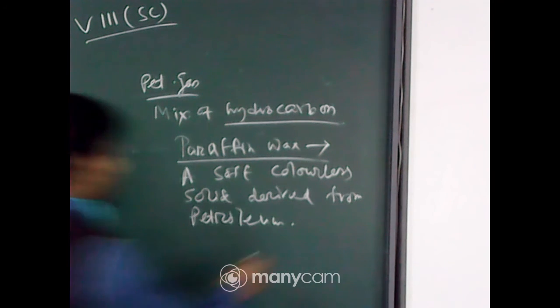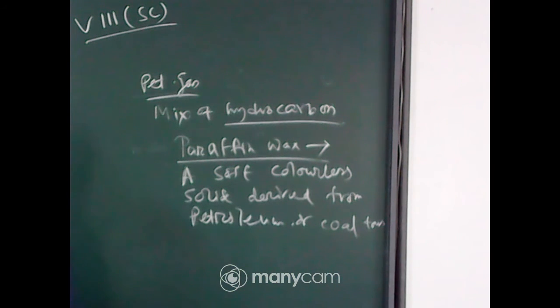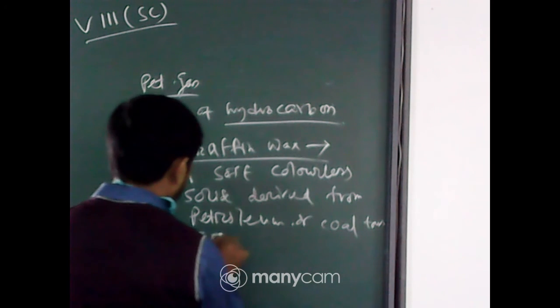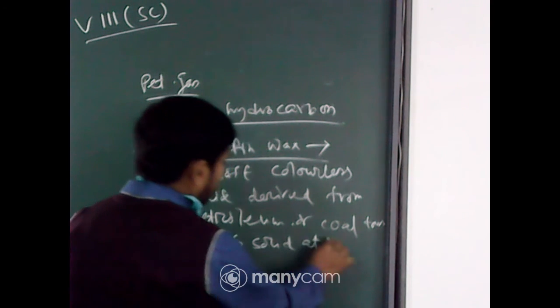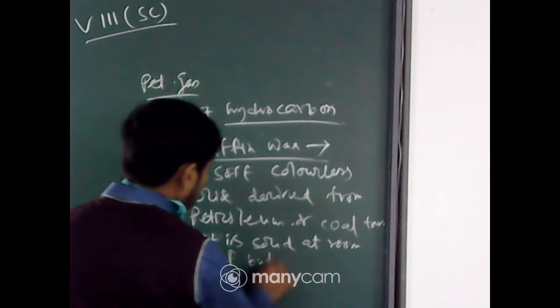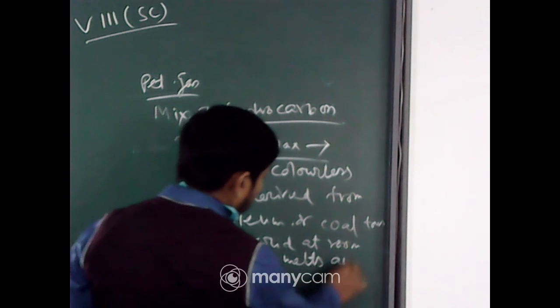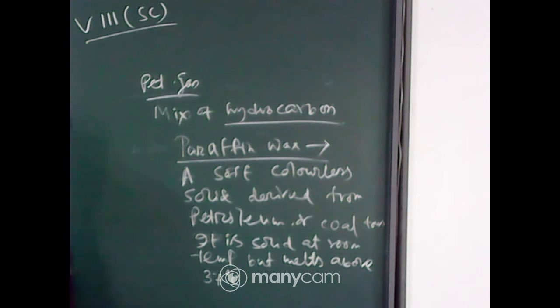Paraffin wax is derived from petroleum or coal tar. Coal tar was discussed in the last class. It is solid at room temperature, but melts above approximately 37 degrees centigrade. Write it.